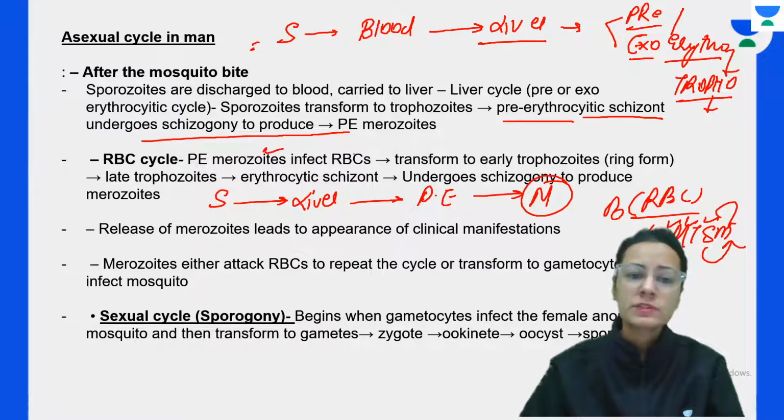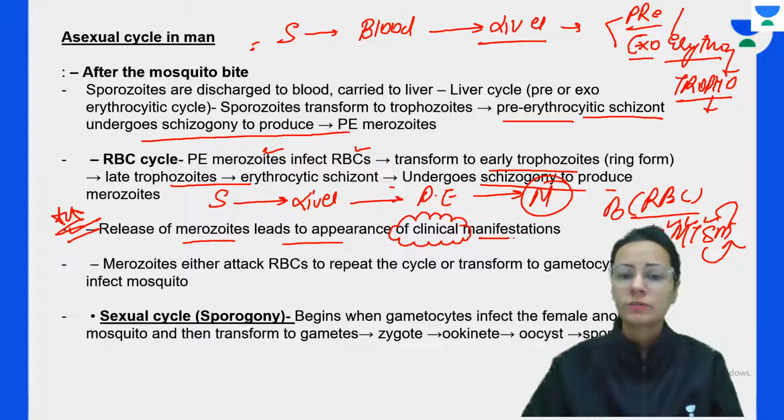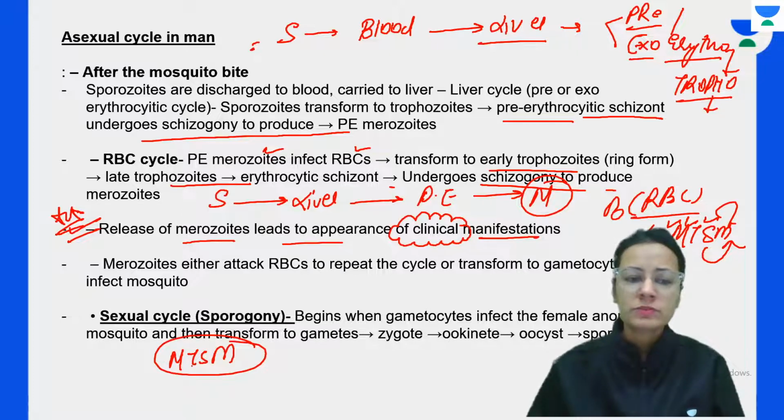So, merozoites infect the RBCs and transform into the early trophozoite, late trophozoite, and schizont, and undergo schizogony to produce merozoites. The release of the merozoites is responsible for the appearance of the clinical manifestations of malaria. MTSM is easy to remember: from the liver, the merozoites go into the blood and convert to trophozoites, early and late.